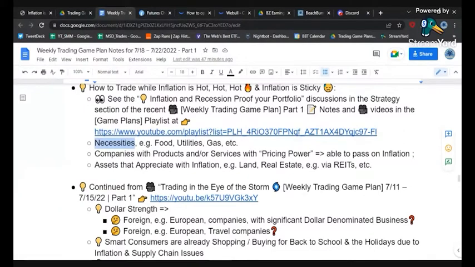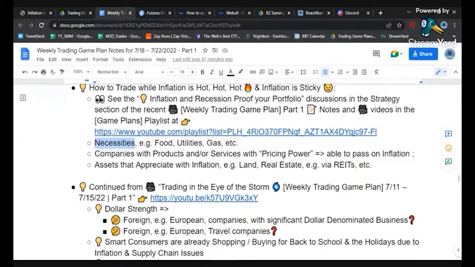Things like food and utilities, they're going to keep spending. That's why we saw the utility sector doing well, and consumer defensives doing well. Healthcare, your prescriptions, so the pharmaceuticals are doing okay. Again, those are necessities. Those are things people are going to buy no matter what the inflation rate is, until they can't.